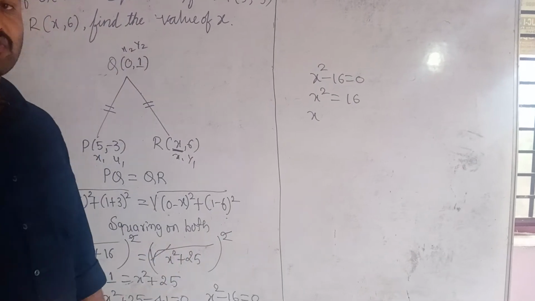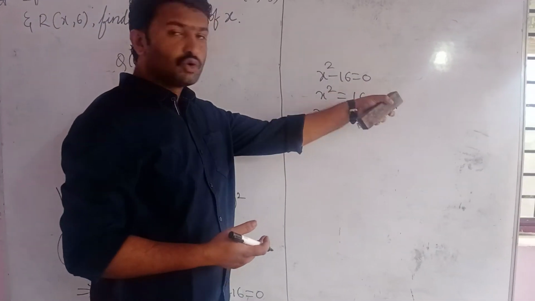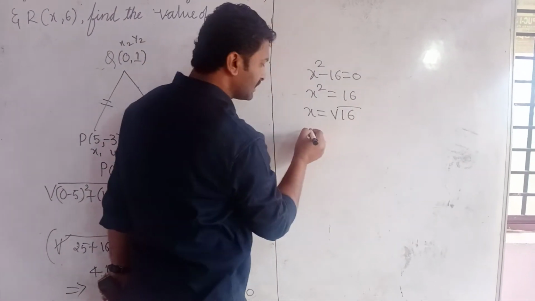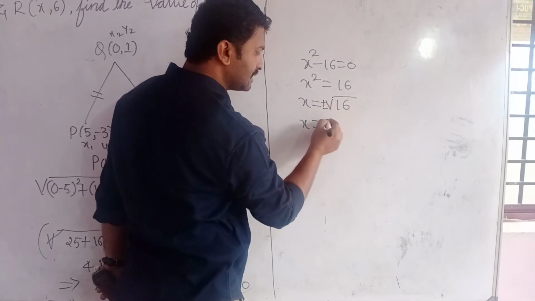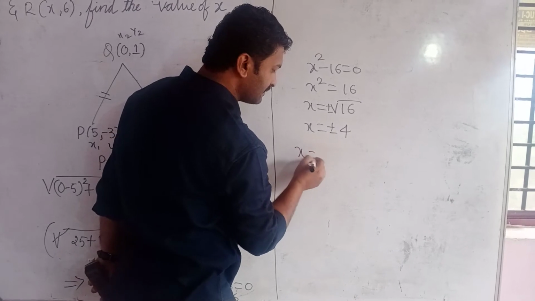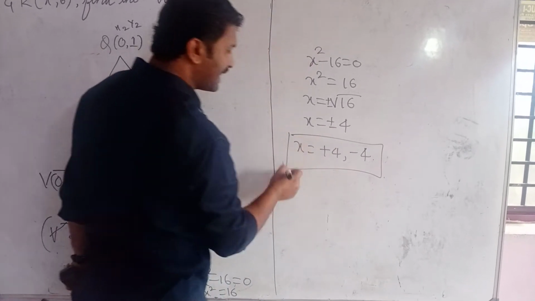I don't want the value of x square, I want the value of x. When the square goes to the other side, it becomes the square root of 16, which is plus or minus 4. Then the values of x are plus 4 and minus 4.